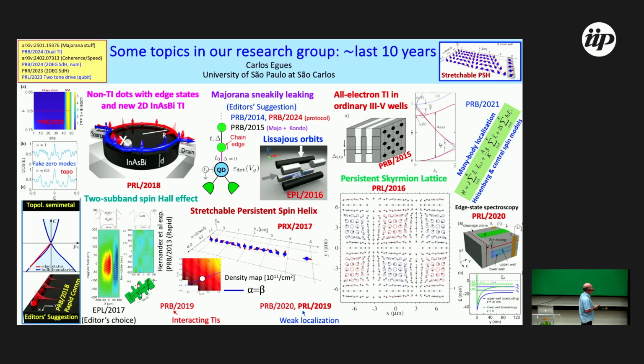So in the original paper, when alpha is equal to beta, you end up with this persistent spin helix, like one line here. And of course the pitch of this helix is related to the spin-orbit interaction.